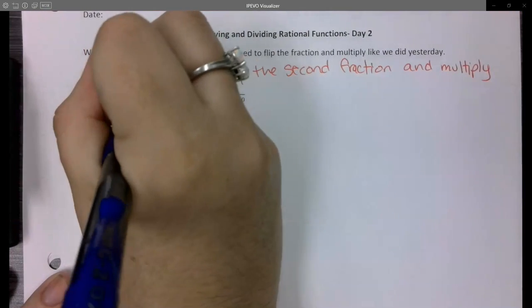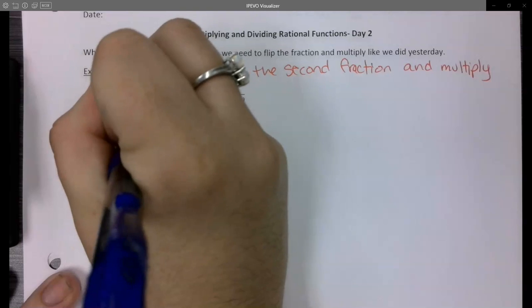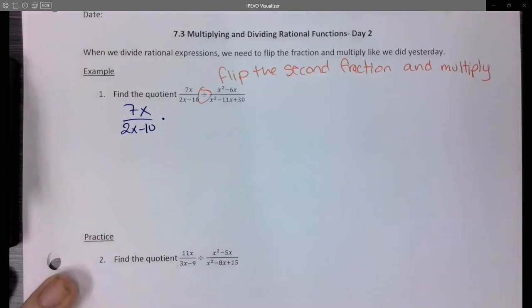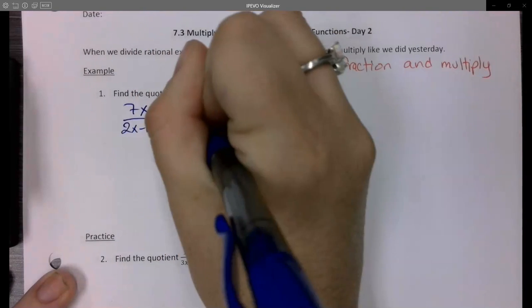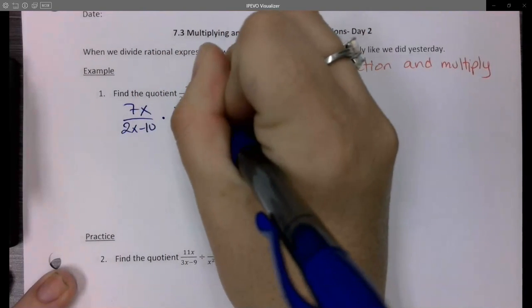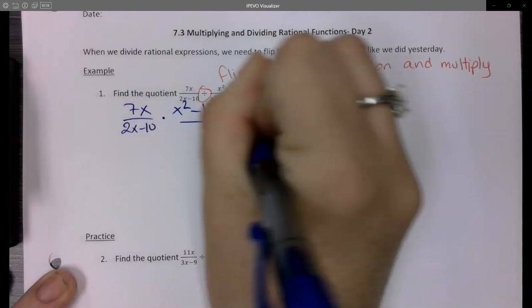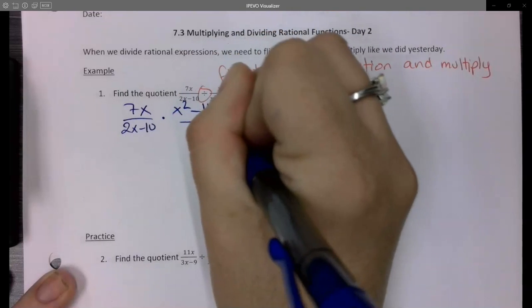Okay, so my first fraction is 7x over 2x minus 10. And then I'm going to change it to multiplication and flip that second fraction. So now it's going to become x squared minus 11x plus 30 over x squared minus 6x.